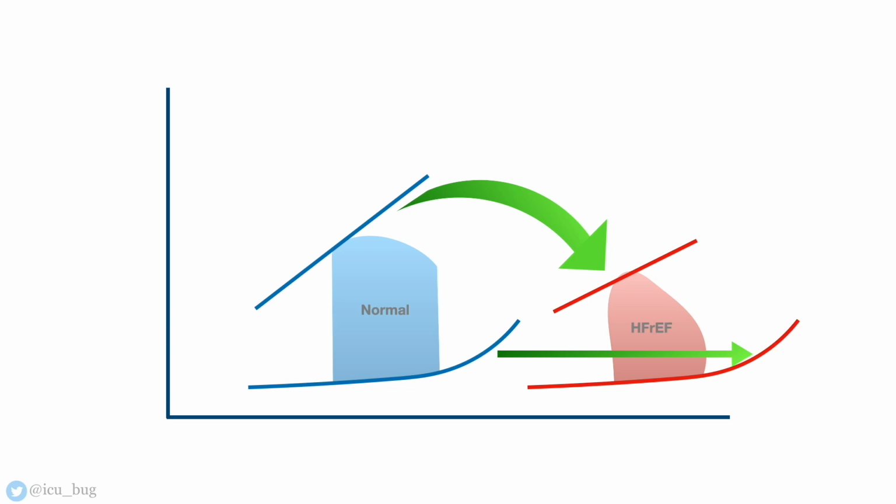We can also appreciate that the end diastolic volume has now increased. So for the same stroke volume, the end diastolic volume is higher in a case of heart failure with reduced ejection fraction, thereby reducing the ejection fraction, which is nothing but stroke volume divided by the end diastolic volume.